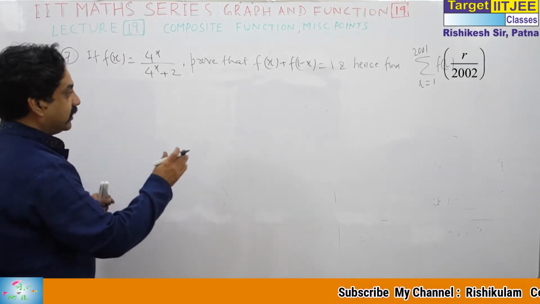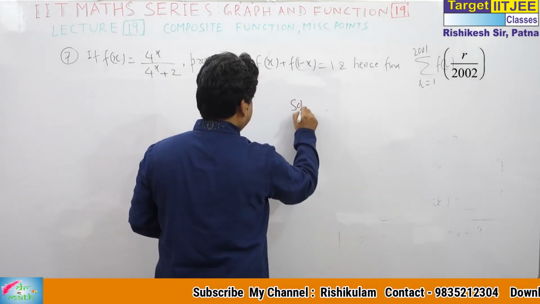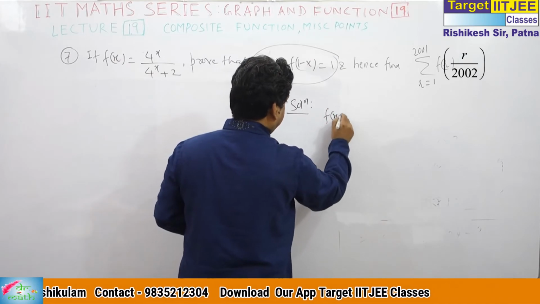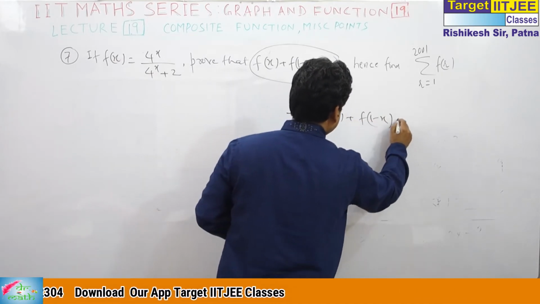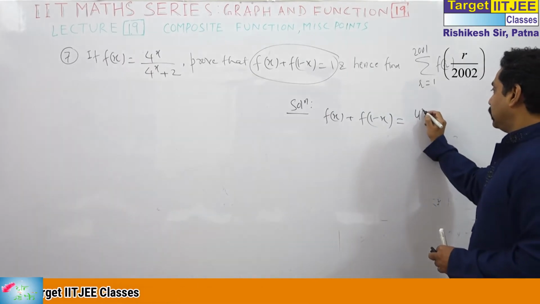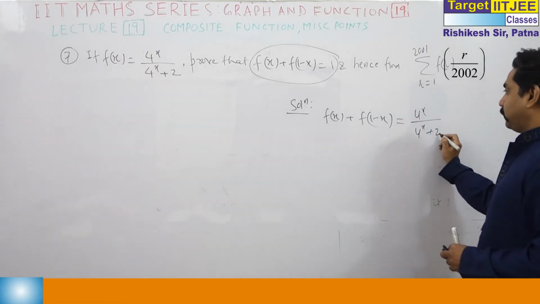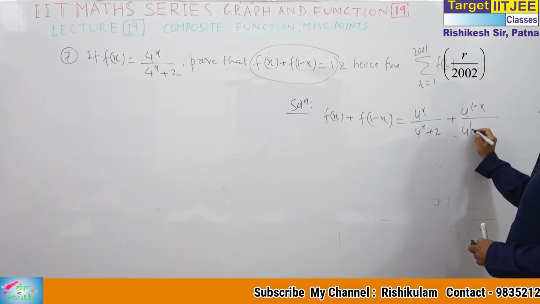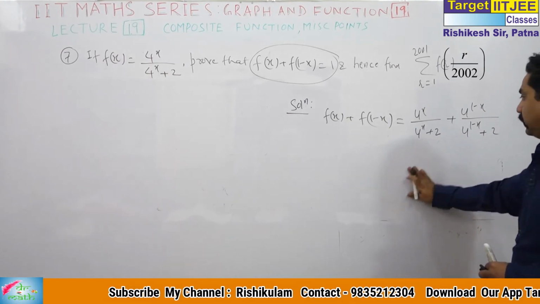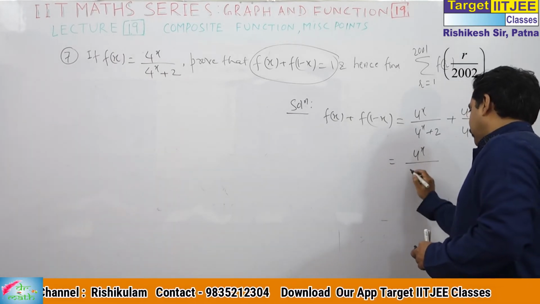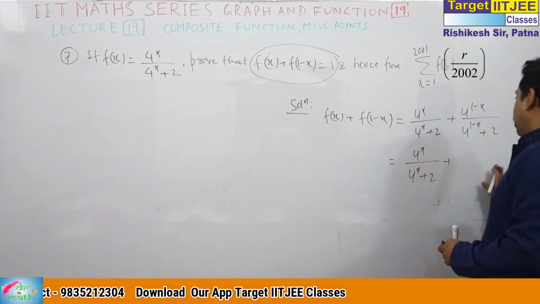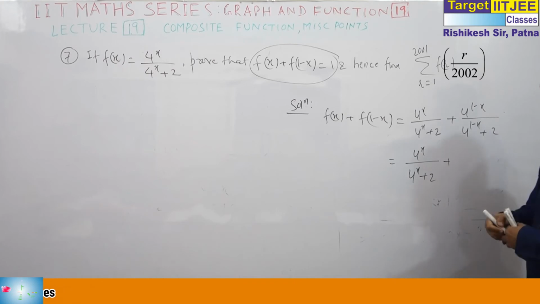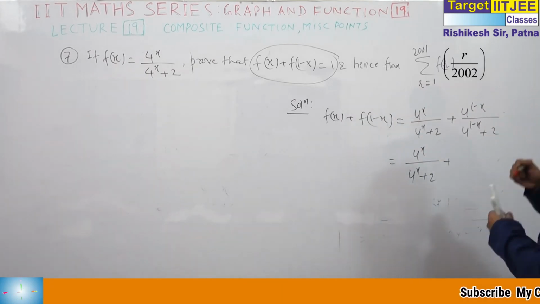First of all, let me do the first part. This is what? fx plus f1 minus x. You can see this is 4 to the power x by 4 to the power x plus 2 for fx. For f1 minus x, what we do? We replace x by 1 minus x, so it becomes 4 to the power 1 minus x plus 2. When I multiply it by 4 to the power x, this is my style.